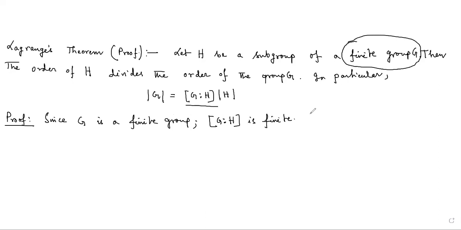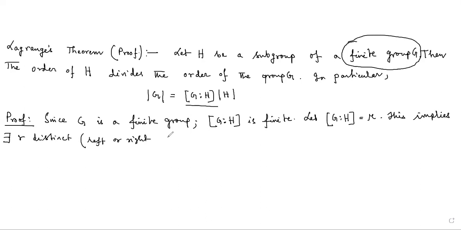Let us assume that this index of G with respect to H is a finite number, R. This will imply that there exist R distinct left or right cosets of capital G. Without any loss of generality, we shall consider the left cosets only.